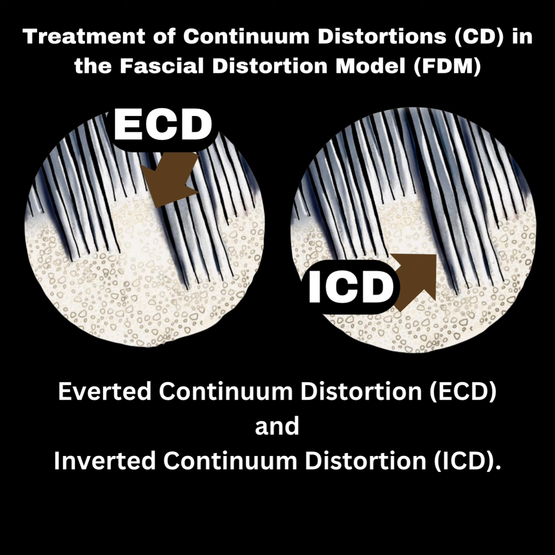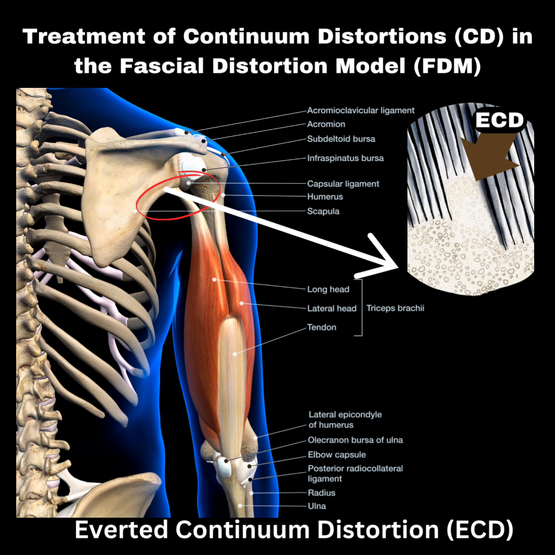Each form requires specific approaches to restore the normal physiological balance of the transition zone between bone and fascia. Treatment of Everted Continuum Distortion, ECD. In everted CD, excess osseous components are pulled into the fascia, causing a painful calcific sensation. The goal of treatment is to push these components back into the bone, allowing the transition zone to return to its neutral state.